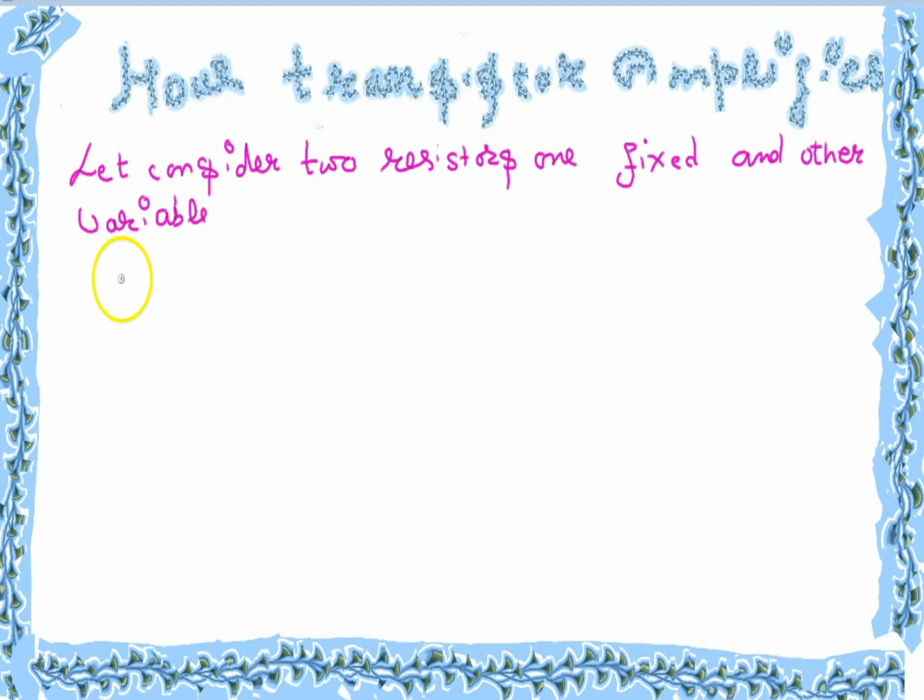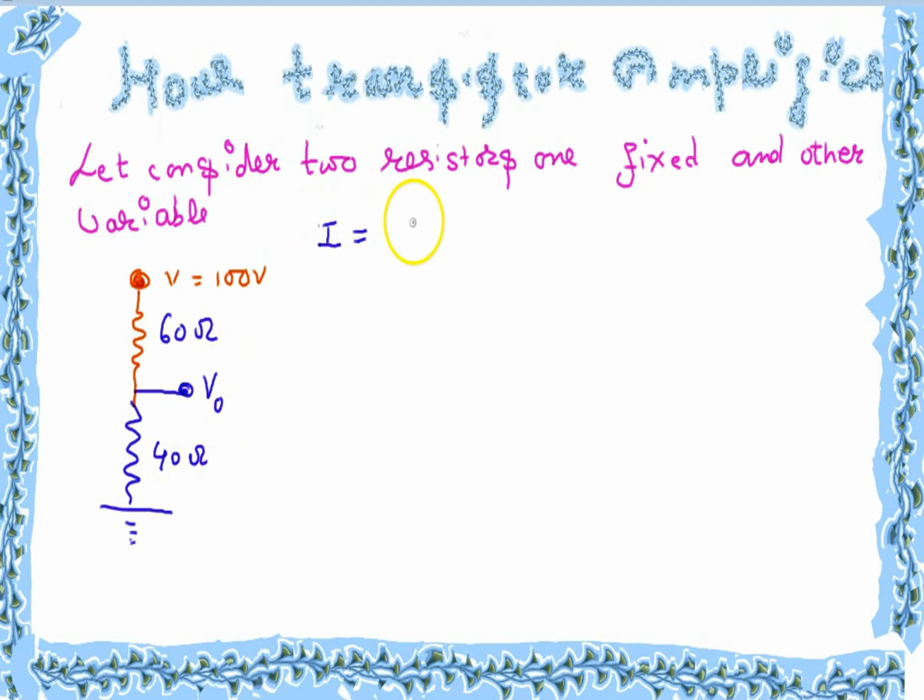Like this, a voltage of 100 volt is given at one point, R1 and R2. R1 is fixed, R2 variable. Now it is 40 ohm, no problem.